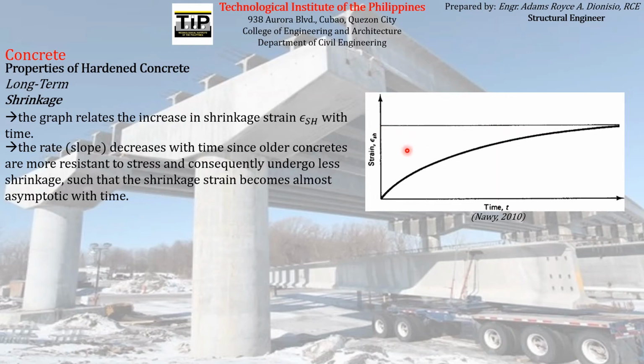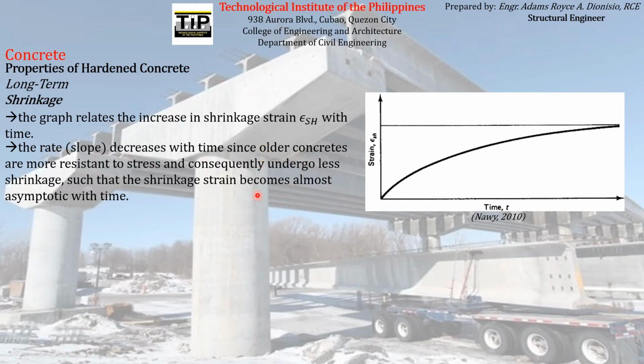Older concretes manifest more resistance to shrinkage strain, for the same reason as we discussed on creep, since they have already attained their strength.